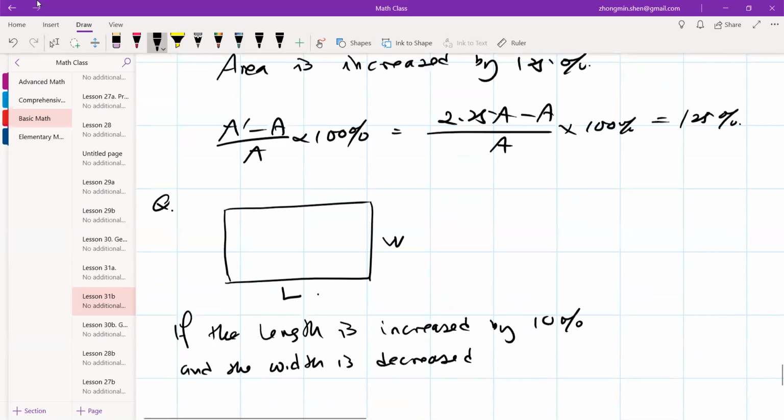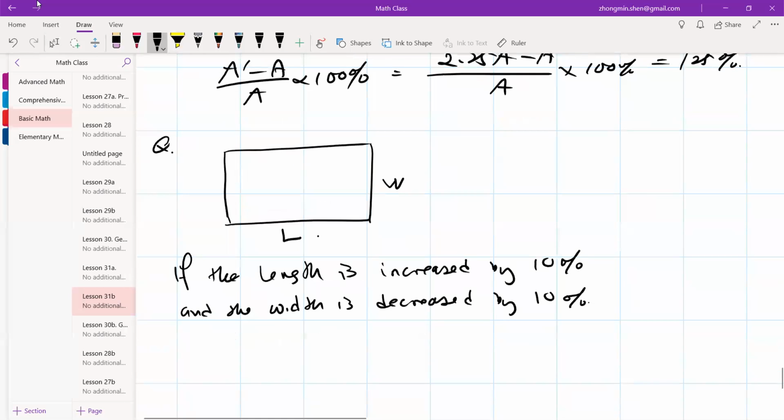So one side is increased, the other side is decreased. My question is, does the area change and by what percent? Or you cannot determine. You know, there are many answers. The answer can be, okay, we don't know. It depends on the dimensions of the rectangle. The rectangle is not given, right?